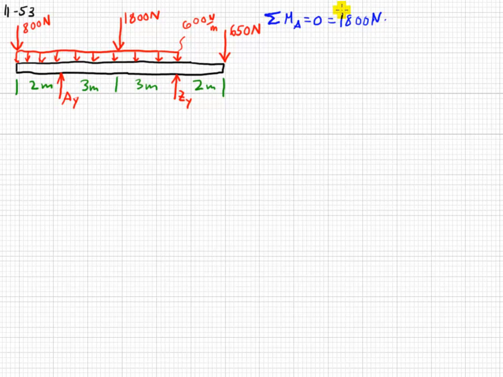So this is actually the absolute value of 800 newtons times, it's 2 meters from AY, so it's 2 meters, plus 1800 newtons times, it is 3 meters from AY.